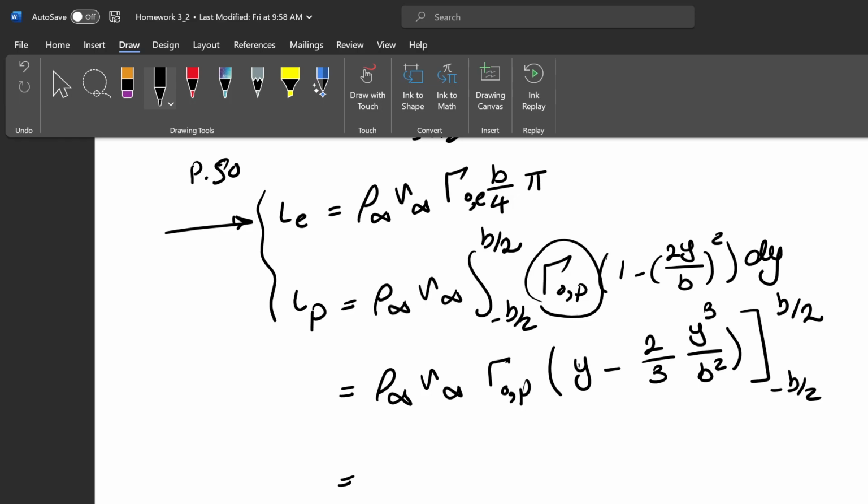So we just have to plug in the values that we want, and we should have a solution. If you plug in the values, this is the solution you are going to get: rho infinity, v infinity, gamma naught of parabolic, times 2b over 3.